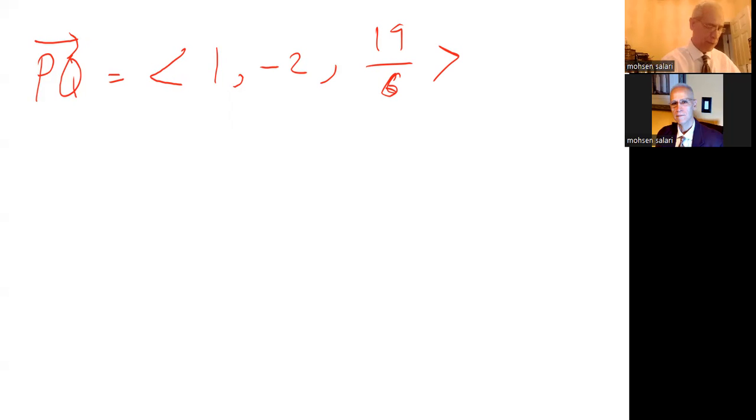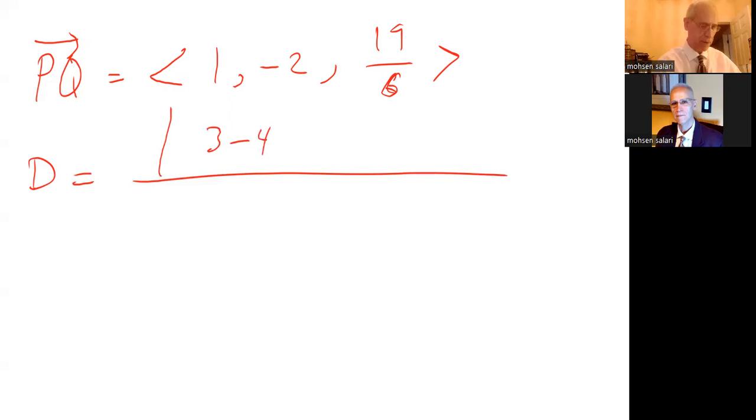So PQ is that, and d equals the absolute value of 3 minus 4 plus 19, which is the dot product of PQ and n, over the magnitude of n, which is the square root of 3 squared plus 2 squared plus 6 squared.